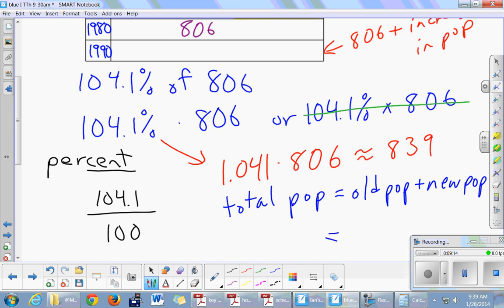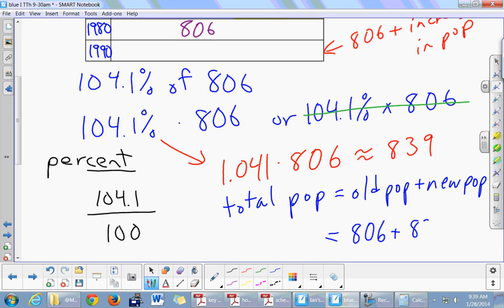The old population was 806,000 plus the new population, 839,000. Add them up, 1645. And we'll fill that in into the blank in our table up here.